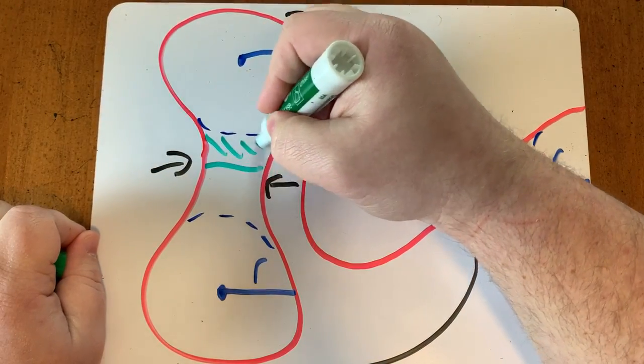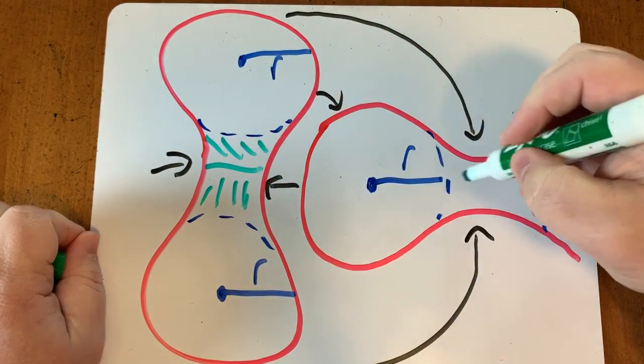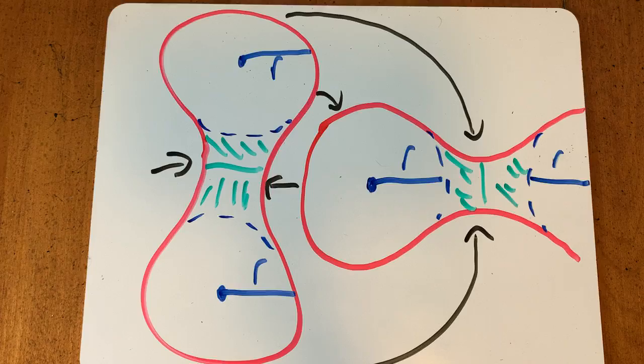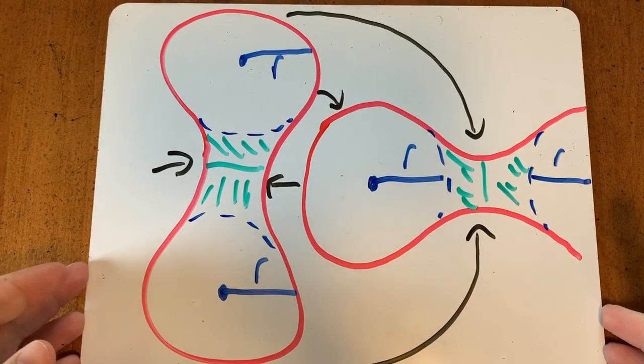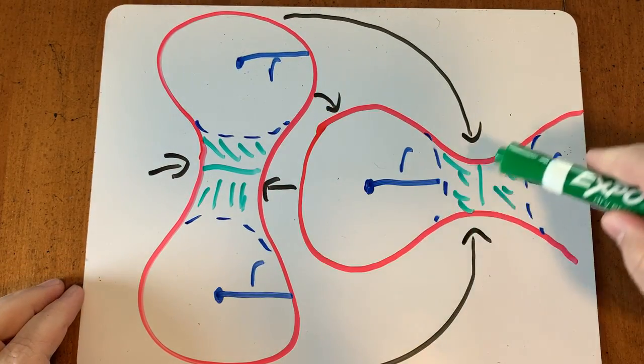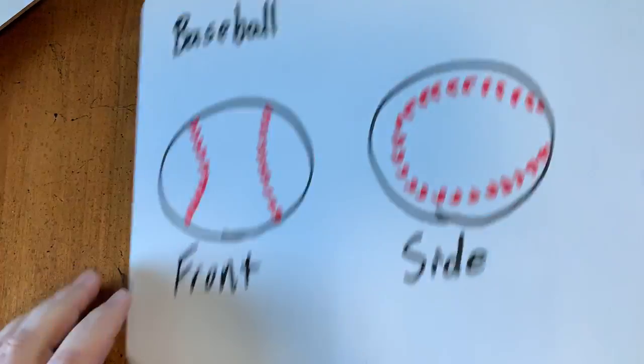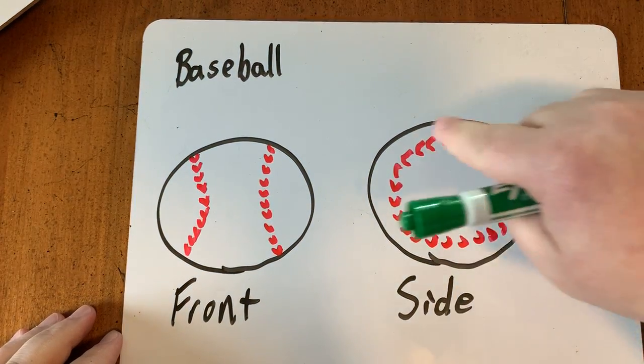But then there's this strip of leather in between. Now, this piece here, the edge of that would be like these sides.